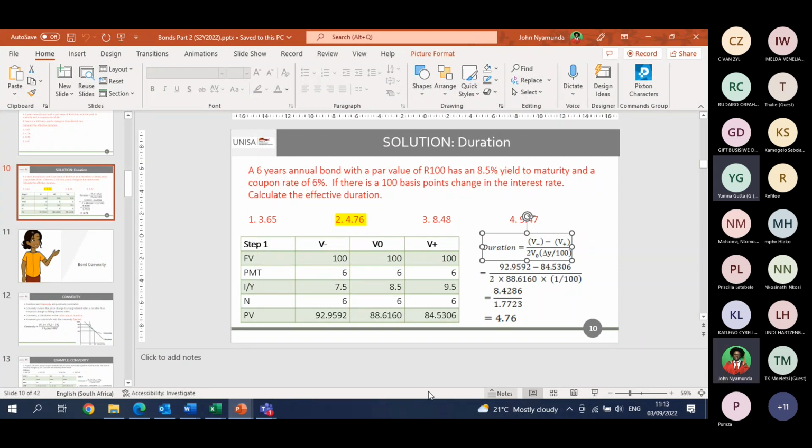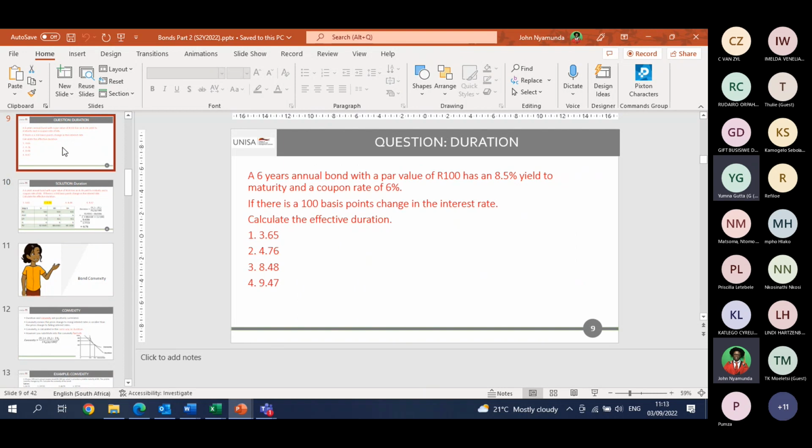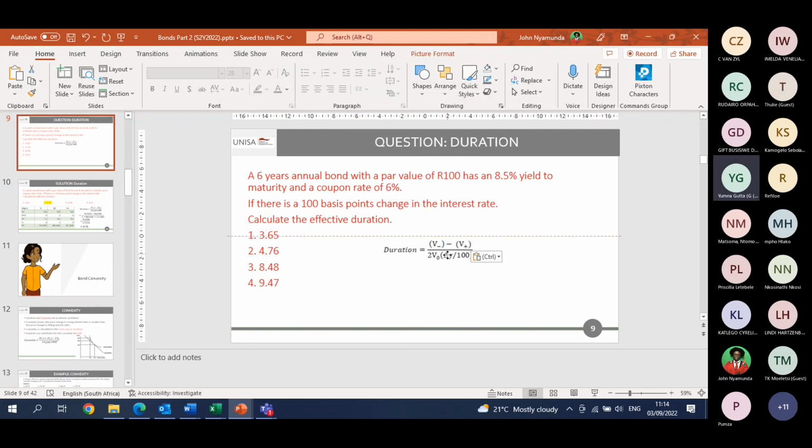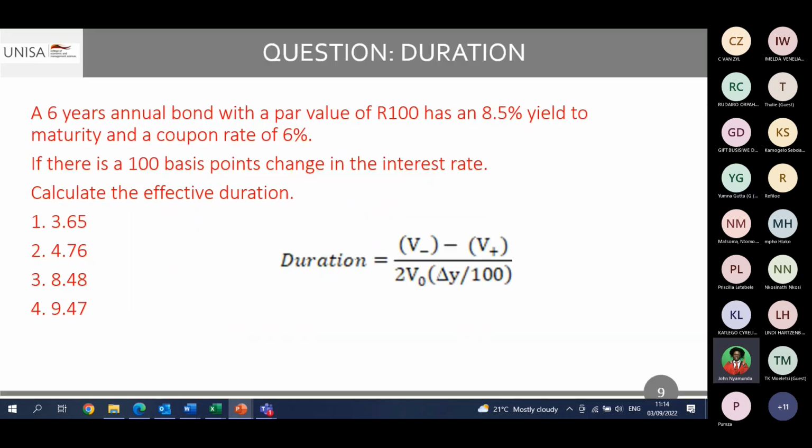We're on duration. Actually, you are seeing the wrong one. We are supposed to see this one. Okay, there we go. Thank you, John. Because I'm using one screen, I feel so disabled. Shame.